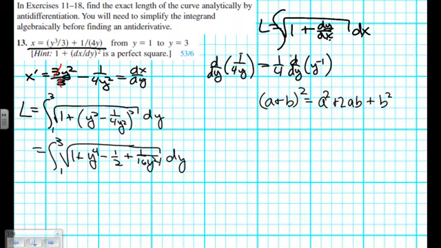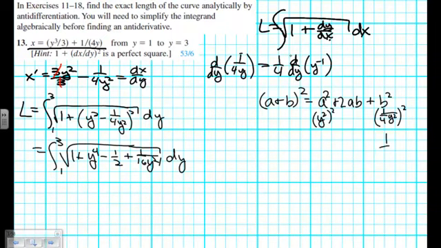Because y squared times y squared is y to the 4th. It's a double somewhere. So in this case, y squared squared. And on the end, is 1/4 y squared, squared.